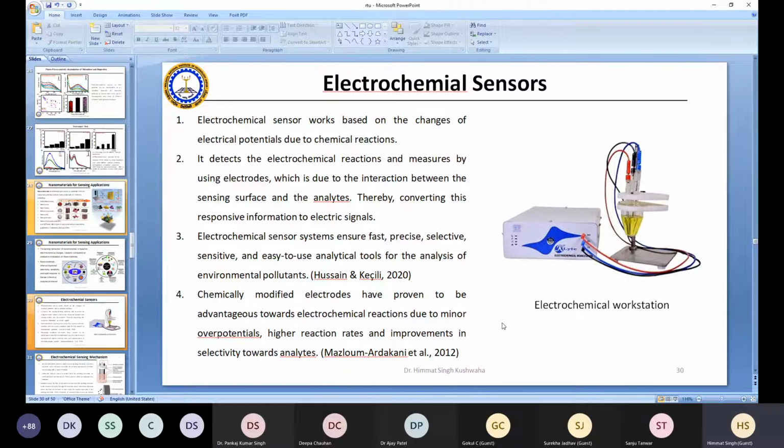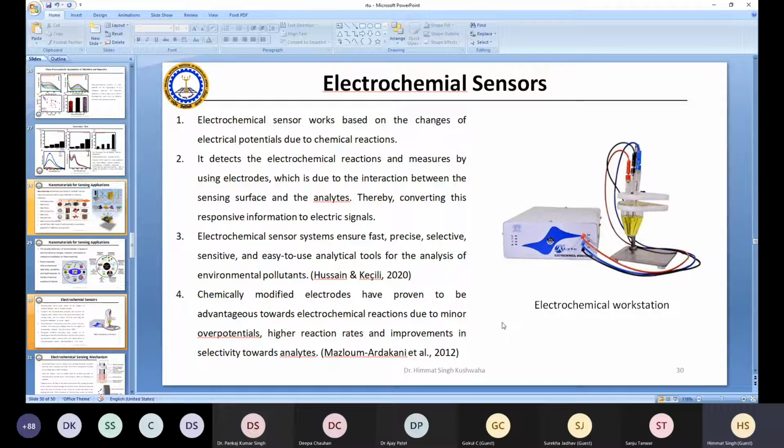Electrochemical sensors work based on the change of electrical potential due to chemical reactions occurring between the analyte and the sensor. They detect the electrochemical reactions and measure them by the sensing electrode.